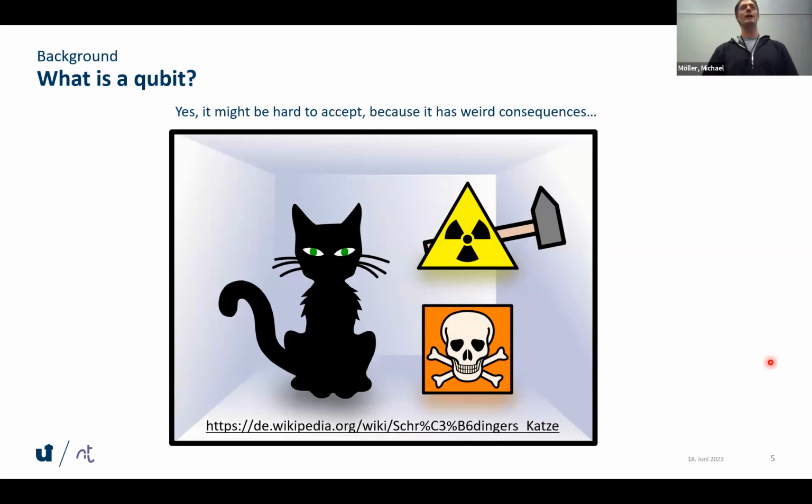So if you were able to fully isolate a quantum system where you have a radioactive particle that can indeed be described basically by what I have shown you, namely something that is at the same time decayed and not decayed with some probability, then this paradox says the cat, which is now in this box and connected to some poisonous gas, being smashed if the radioactive atom decayed, and not being smashed if the atom did not decay, would also be alive and dead at the same time.